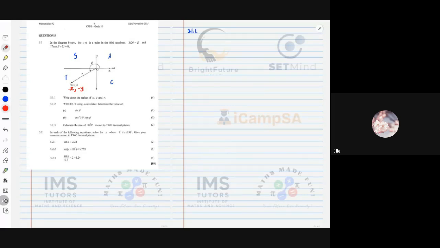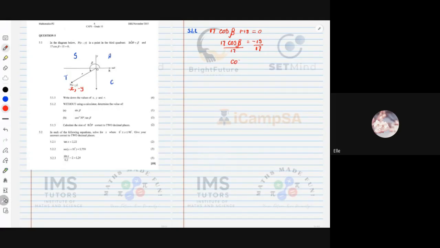5.1.1. What are we given? 17 cos beta plus 15 is equal to 0, so cos beta is equal to minus 15 divided by 17.